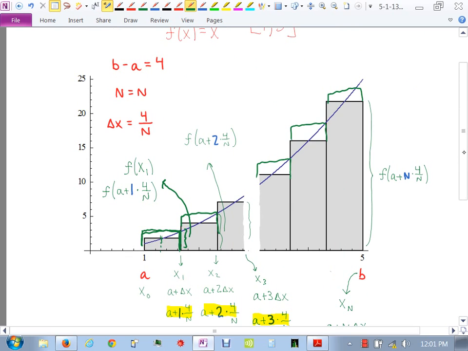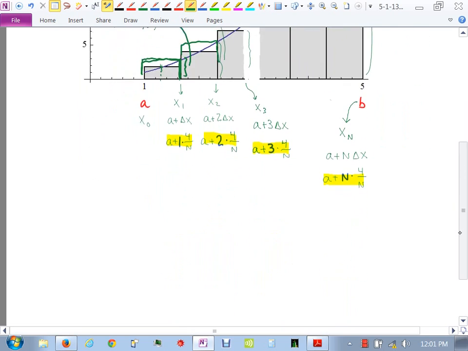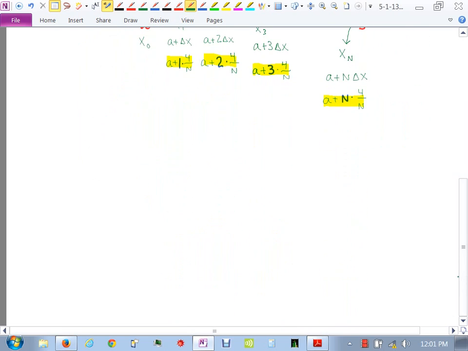Can I scroll down? Anyone need this? All right, then let's talk about our approximation. Isn't it area of rectangle 1 plus area of rectangle 2 plus all the way out until I get to area of rectangle n?